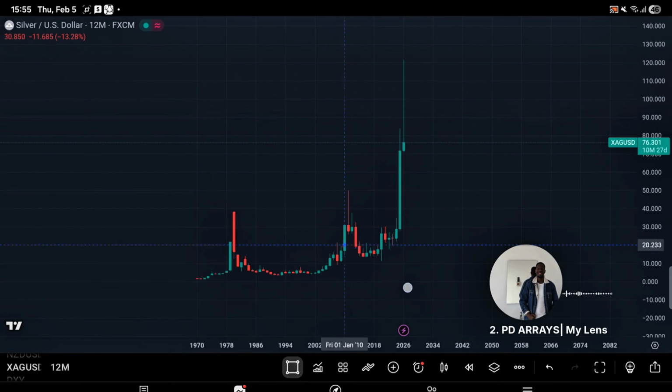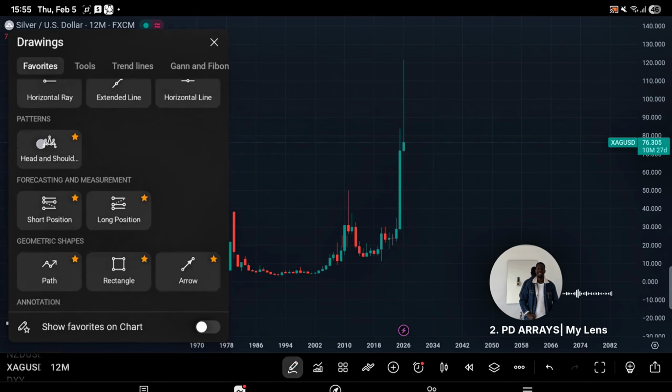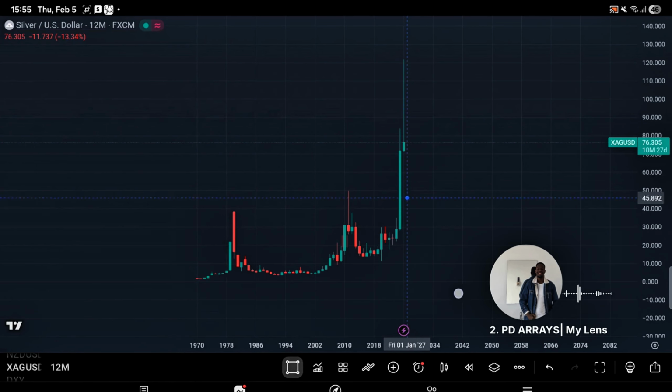Of course, I'm going to teach you how to read fair value gaps in the future and make sure you understand them. This also is a fair value gap right here. It's actually forming at the moment. Of course, the next video breaks down specifically why and how I enter trades. So stay close to get to see that.